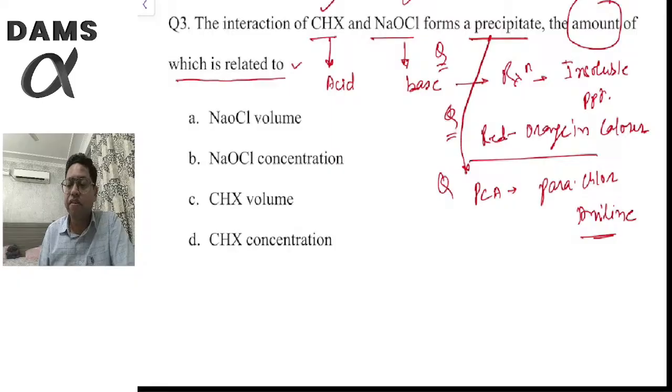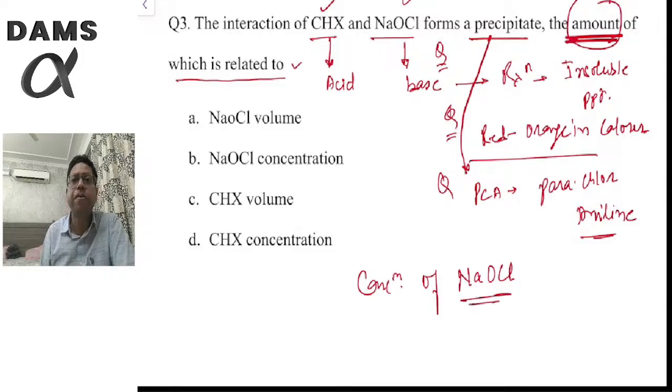Para-chloraniline. And the amount of it that would be formed is related to the concentration of sodium hypochlorite. That is something that you have to remember. So, not the volume of sodium hypochlorite, not the volume of chlorhexidine, not the chlorhexidine concentration, but the concentration of sodium hypochlorite.